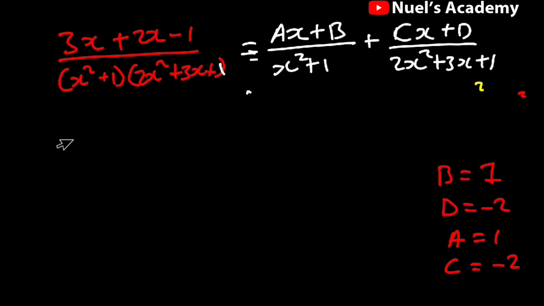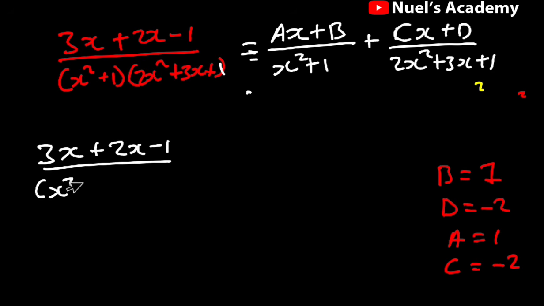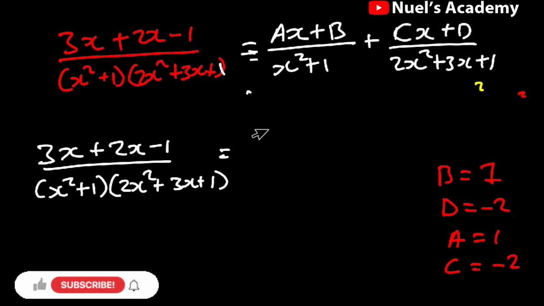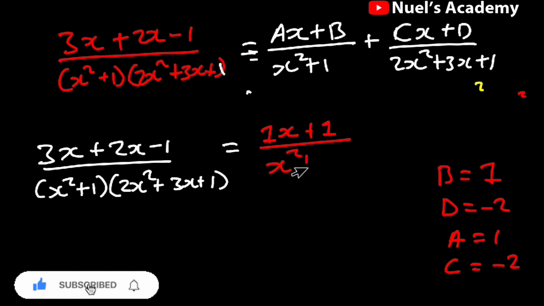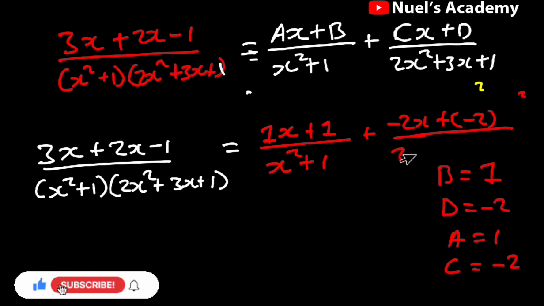So the final answer here is that the partial fractions of (3x plus 2x minus 1) divided by (x squared plus 1) multiplied by (2x squared plus 3x plus 1) is equals to a is 1, so you have 1x, which is x, then plus b is 1 over x squared plus 1, then plus c is negative 2x plus d is negative 2 over 2x squared plus 3x plus 1.